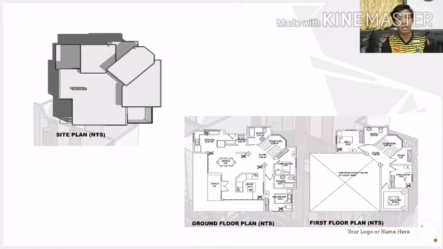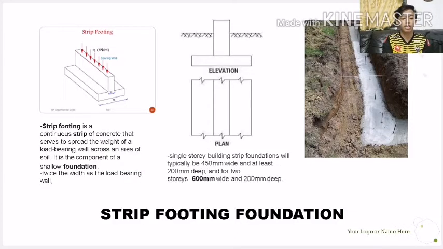The first thing that I want to touch on is the strip footing foundation, which is the floor element analysis. A strip footing is a continuous strip of concrete that serves to spread the weight of the load-bearing walls across an area of soil. It is one of the components of the shallow foundation.